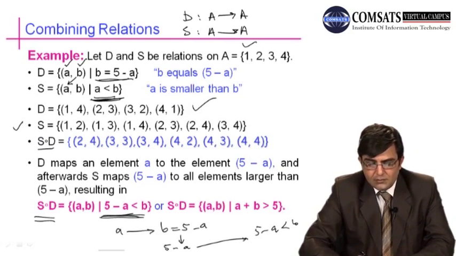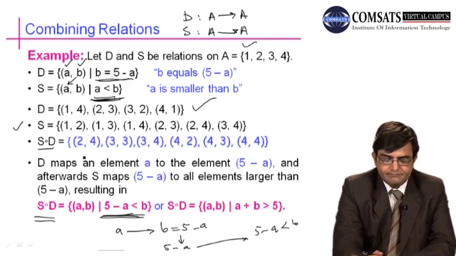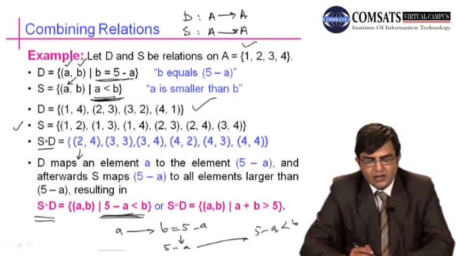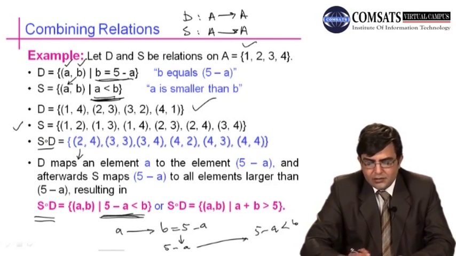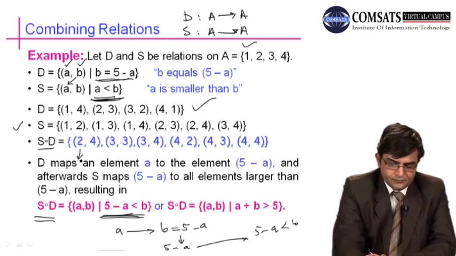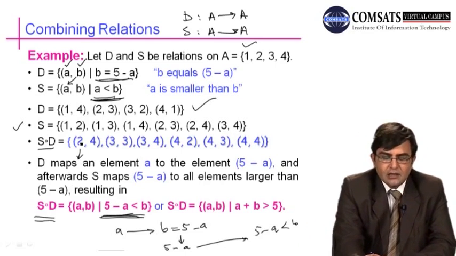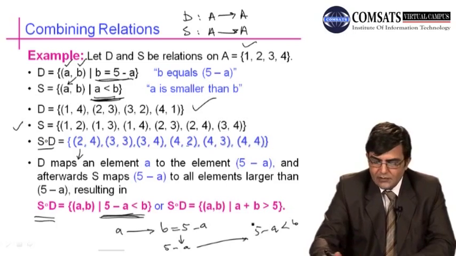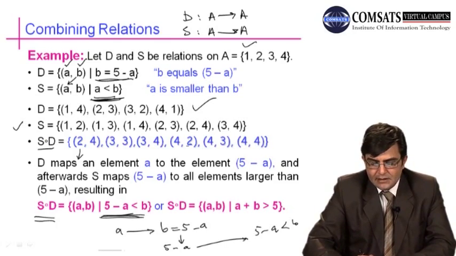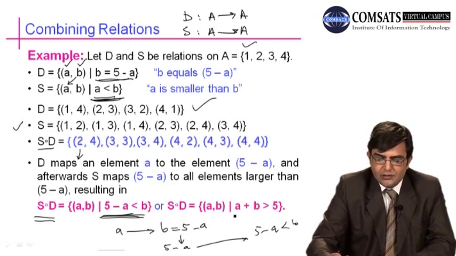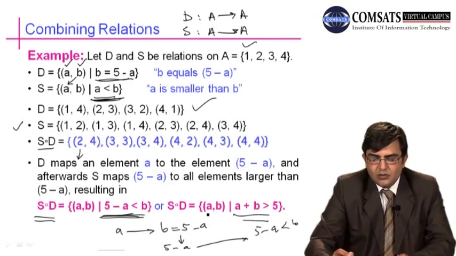So here we cannot choose 1, or you can say that we cannot choose 4. We cannot choose 4 because 5 minus 4 is 1, and 1 here must be less than this B. Now, or you can see here, we choose only those elements whose sum must be greater than 5.